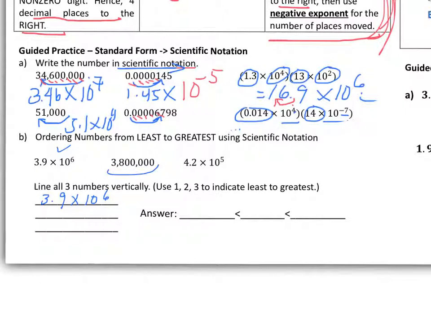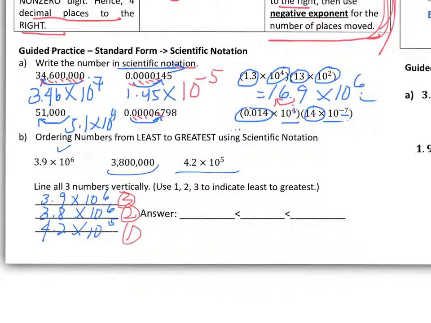And this in scientific notation will be 3.8 times 10 to the 6th power, and this is already in scientific notation. So the smallest one would be this one, and then this one, and then this one.